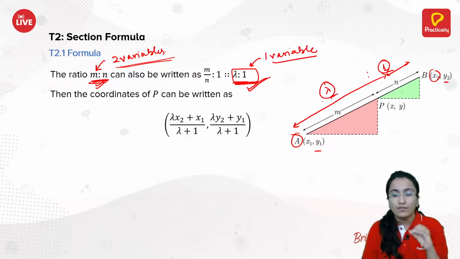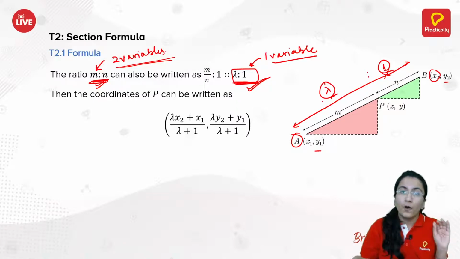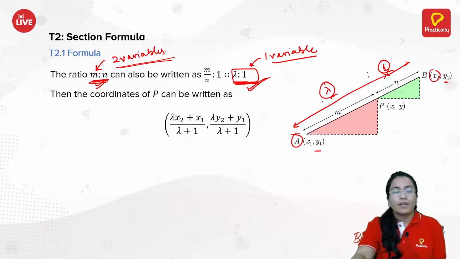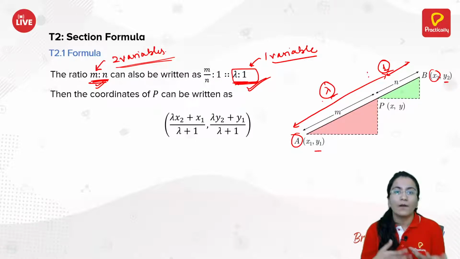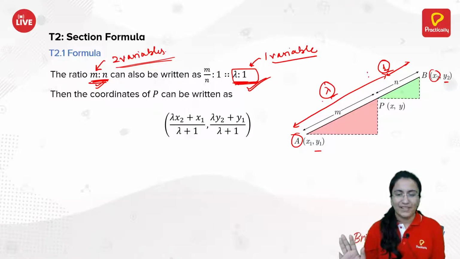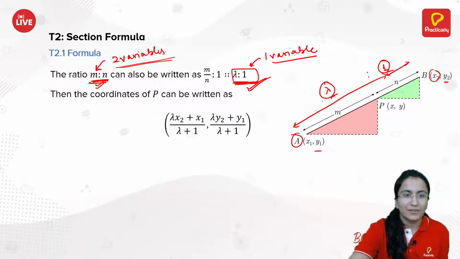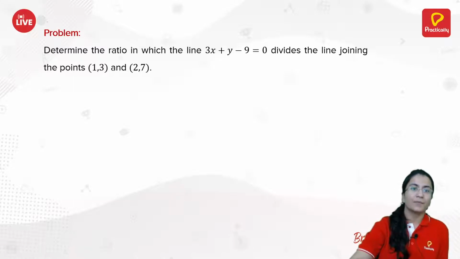Same section formula, there is no change in the section formula. Definitely there won't be any change. The formula will remain the same, but what you have done is you just changed the way you have written the ratio to reduce your work. That's it. Okay. Let's just do a question based on this.